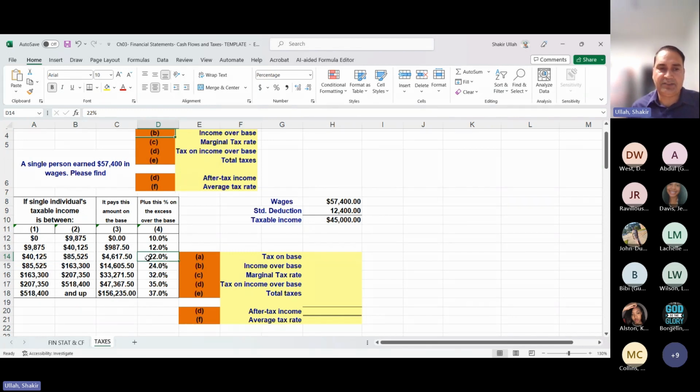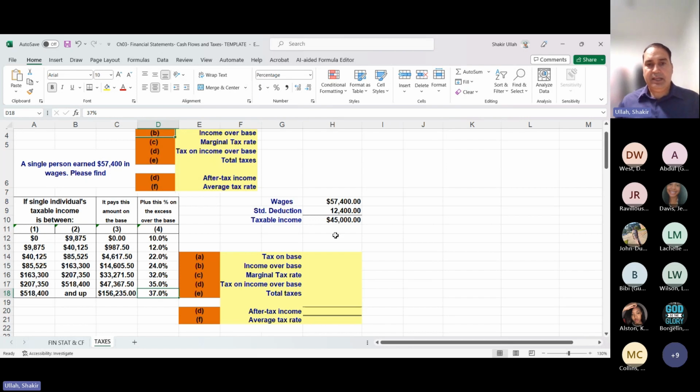So your marginal tax rate is 22%. Similarly, if your income is above 518,400, you are in the 37% tax bracket, which means any income above this amount will be taxed at 37%.